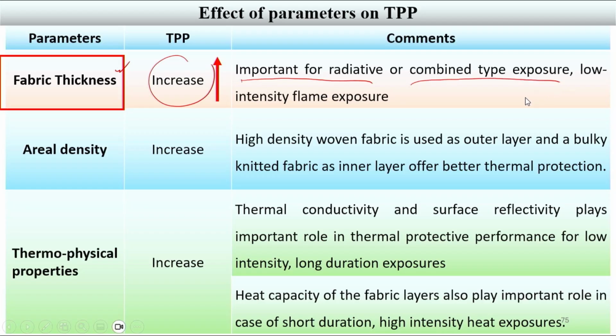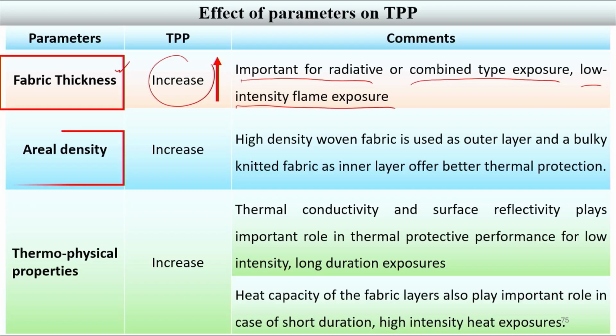So, for low intensity flame exposure, in this type of situation we can increase the fabric thickness. With a low intensity exposure, keeping the areal density constant, if we make the fabric more porous, the TPP will increase, mainly for low intensity flame exposure or radiative and combined exposure.